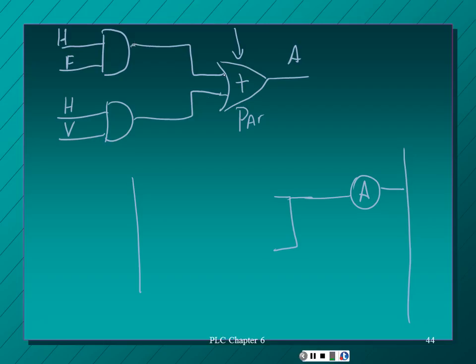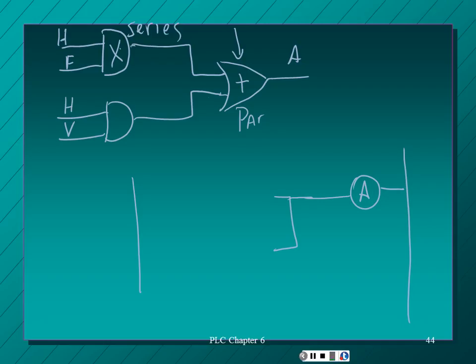So let's look at just the top one. What is the top rung of my parallel going to be? What is this symbol? What is the mathematical representation? All right, so times, and how do I connect things on that? Series.